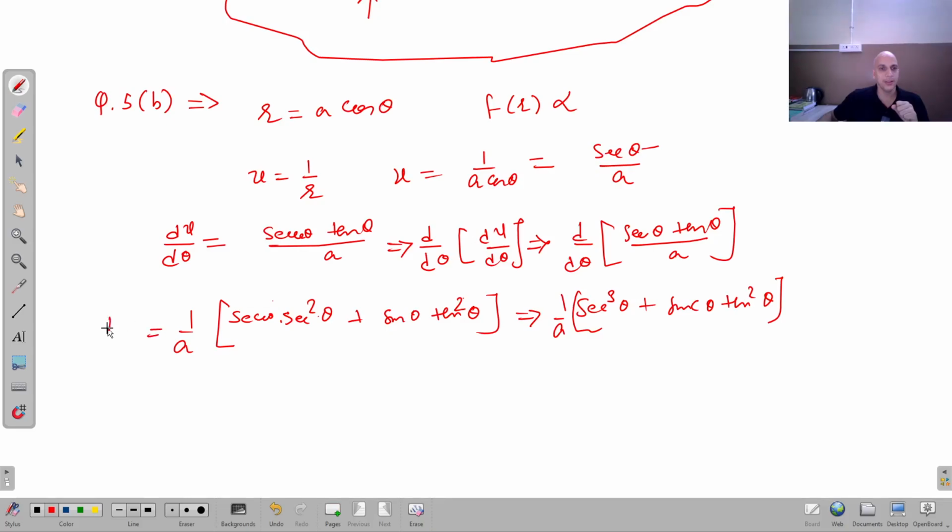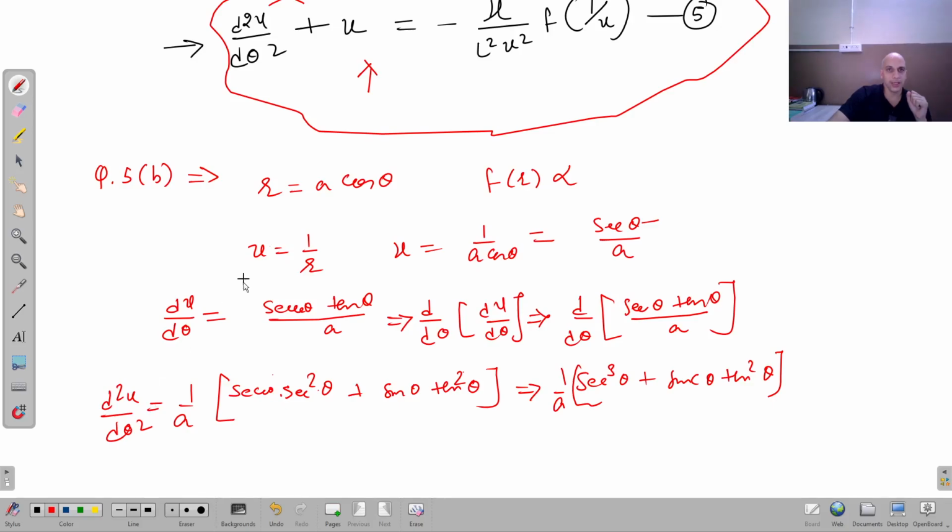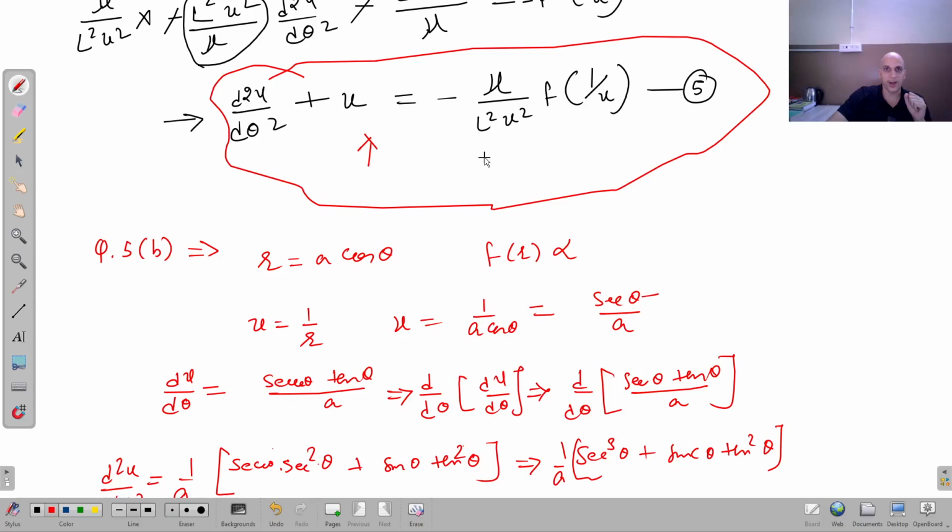So this is d square u upon d theta square. Now I have the value of d square u upon d theta square, and I have the value of u. I am going to put all these values in equation number 5, right? We have to put this value here.